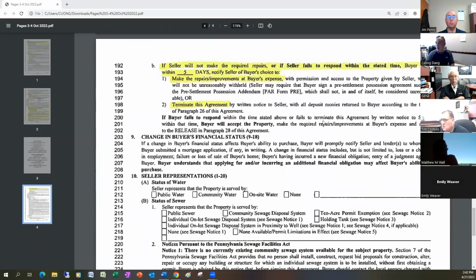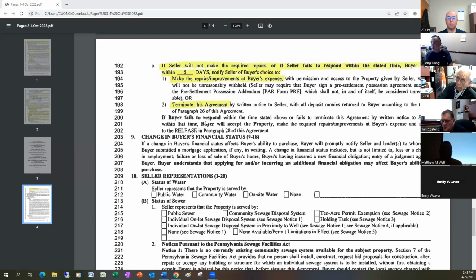B, if seller will not make the required repairs, or if seller fails to respond within the stated time, buyer will within 5 days notify seller of buyer's choice to 1, make the repairs themselves, or 2, terminate this agreement. Okay, so there's where the buyer can terminate if the seller doesn't respond or the seller does not want to make the repair.